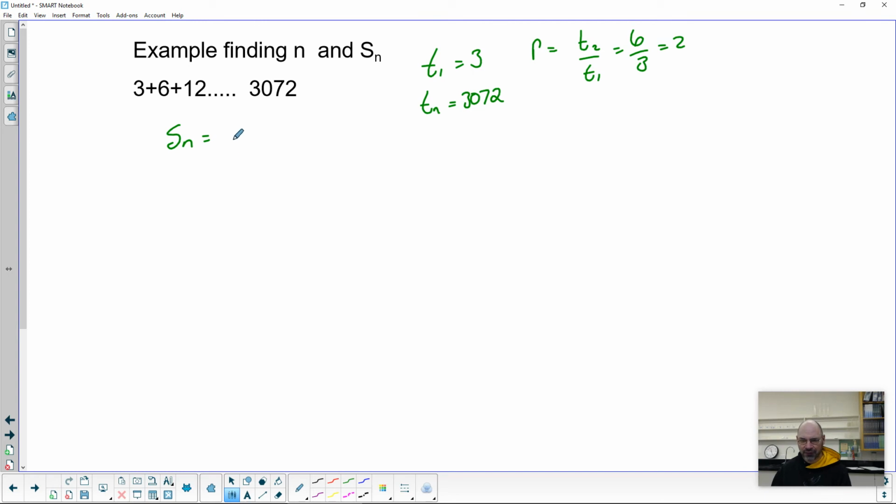So let's go ahead and do that. So our formula is (r·Tn − T1) over (r − 1). So this is going to be 2 times 3072, subtract 3, all over 2 minus 1.